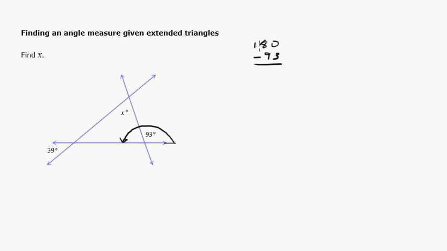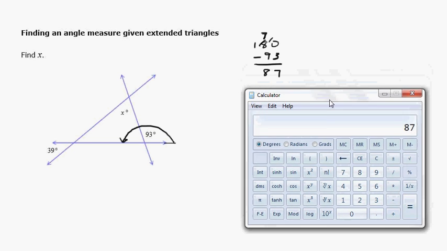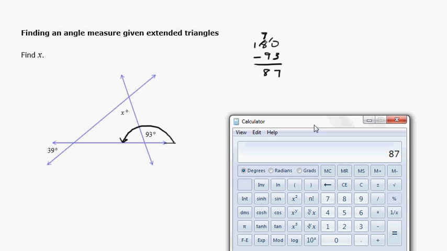You can use the calculator. 10 take away 3 is 7. This is 17. 17 take away 9 is 8. You can always double check. Clear. 180 minus 93. Good, 87. Looks like the old man can still do a little math.